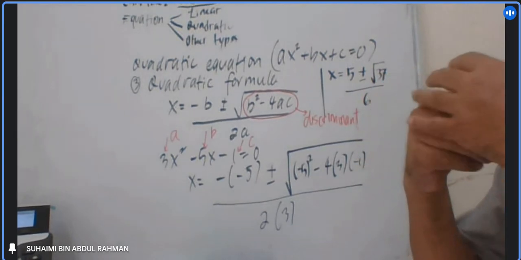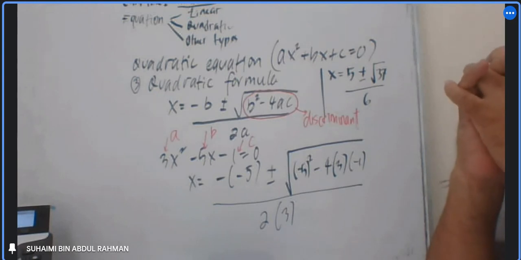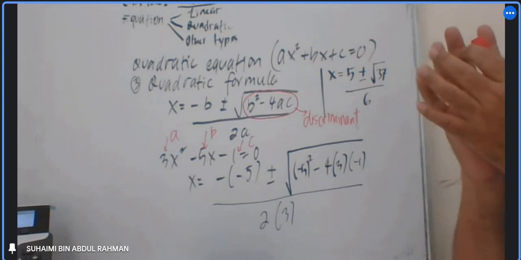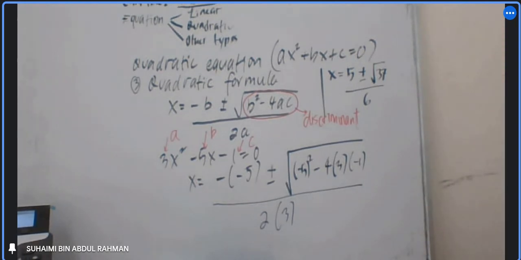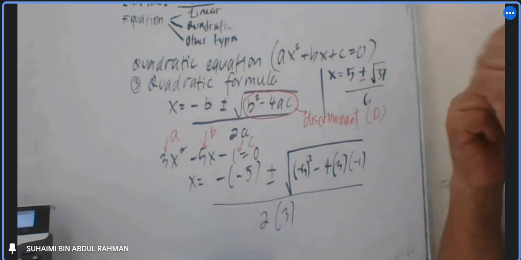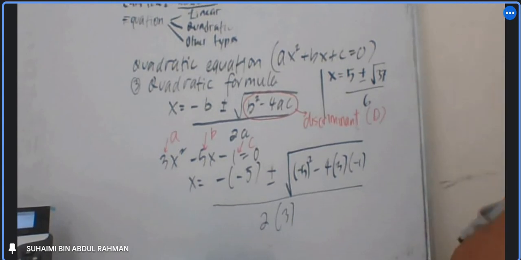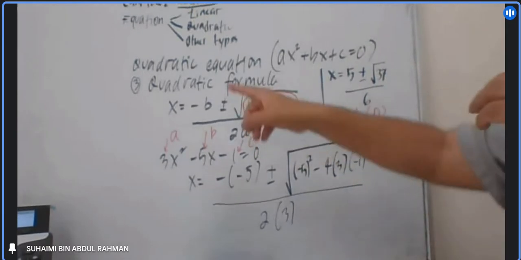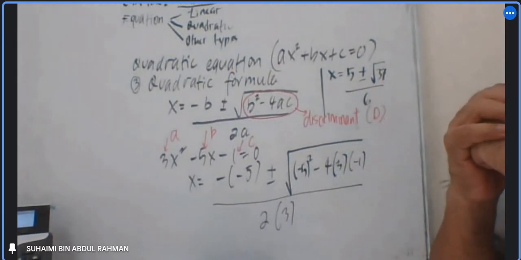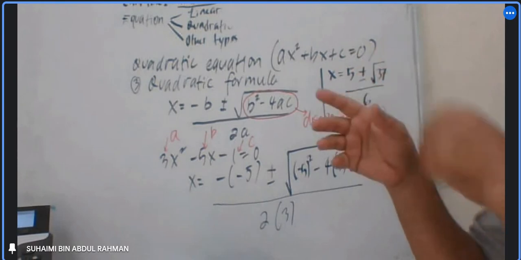This part we call the discriminant, b squared minus 4ac, and it is represented by D. Discriminant D. Then when we talk about quadratic equations, we are going to have two values of x.